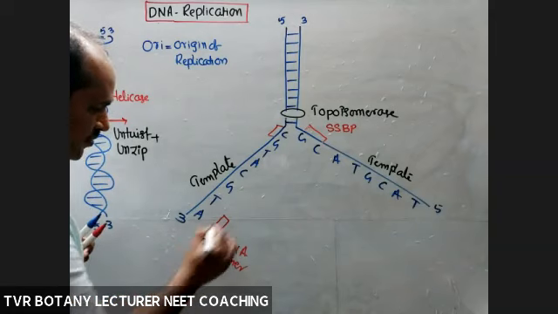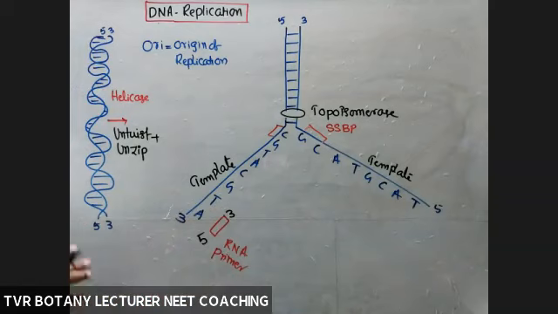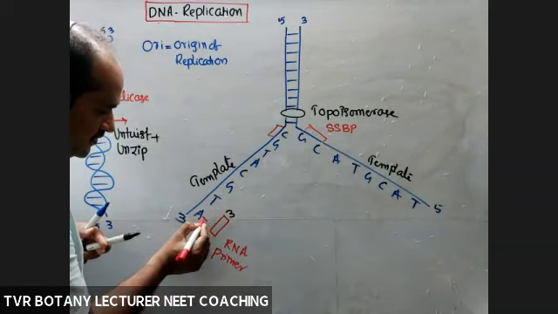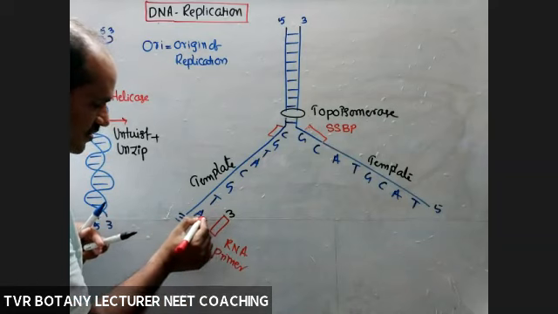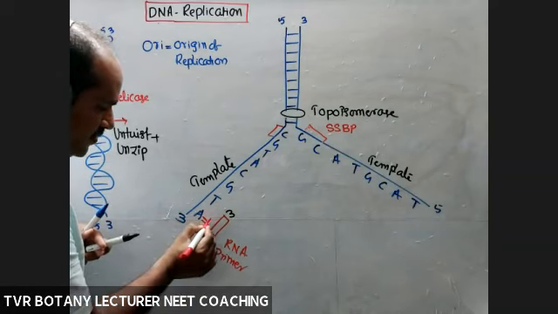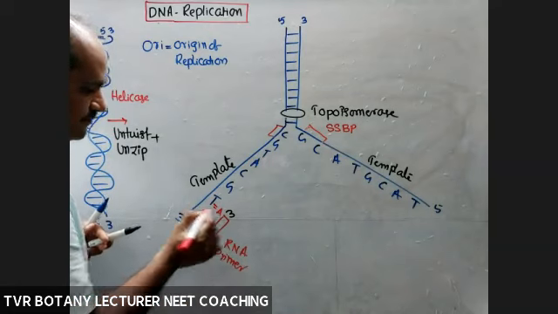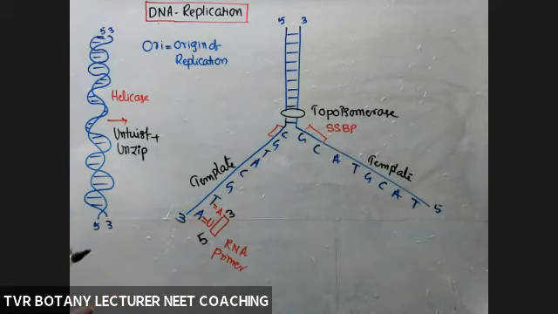This is also very, very important. Now establishment of bonds: A, adenine, is complementary to uracil, and T takes A. So the primer is bound.